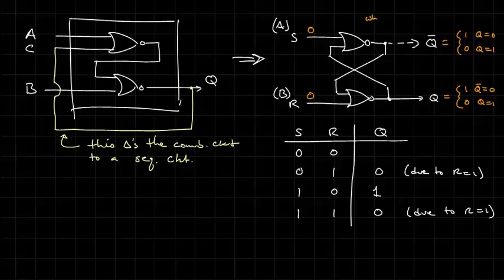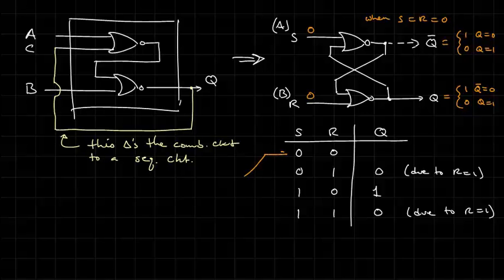This is when S and R are false. So you notice that when S and R are both false, the output Q does not even depend on S and R. That's the key thing.